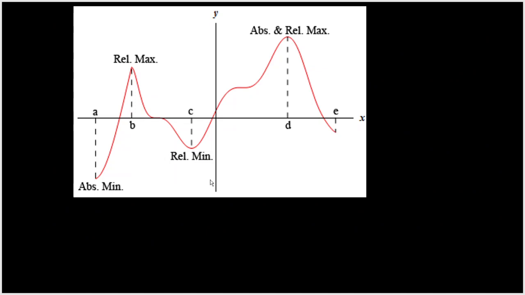Look at the point B on the horizontal axis. You see, when x is close to B and to the left of B, the function is increasing. And then when x is close to B and to the right of B, the function is decreasing.